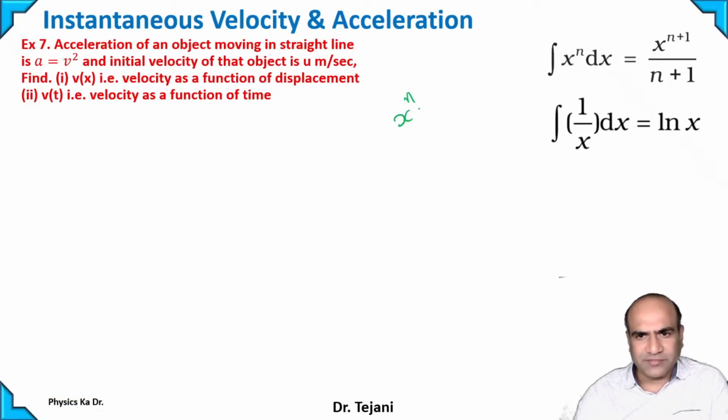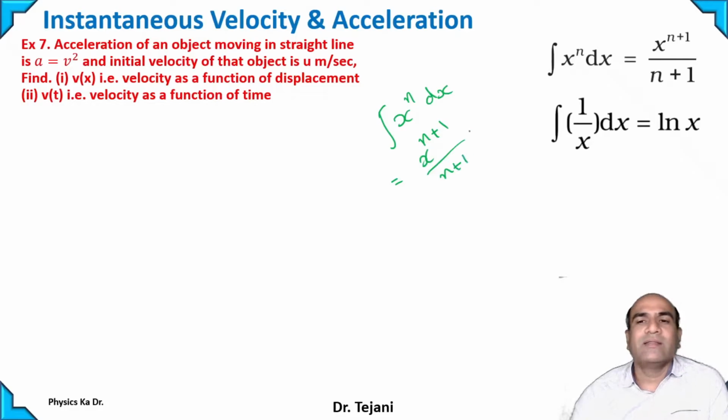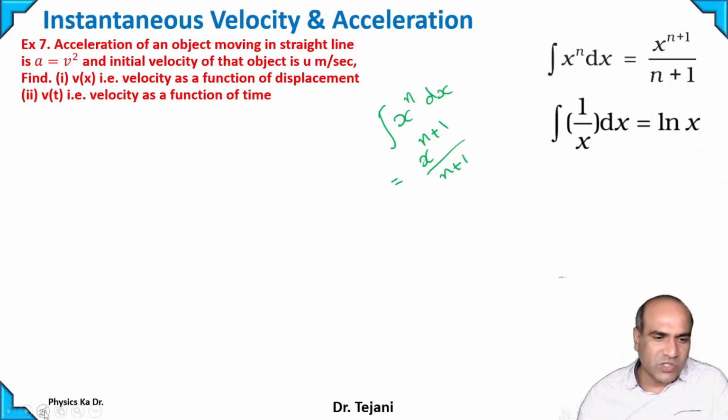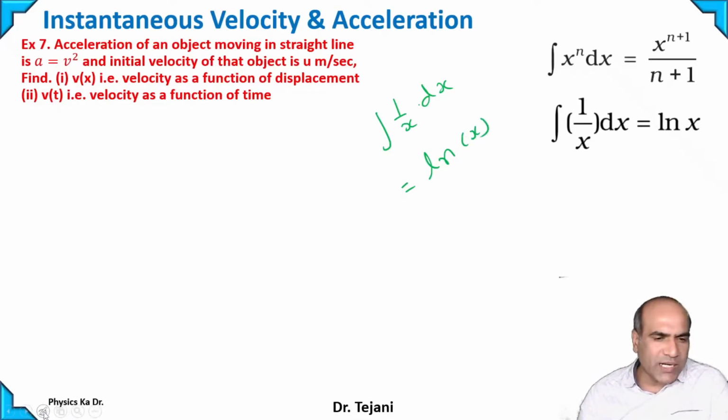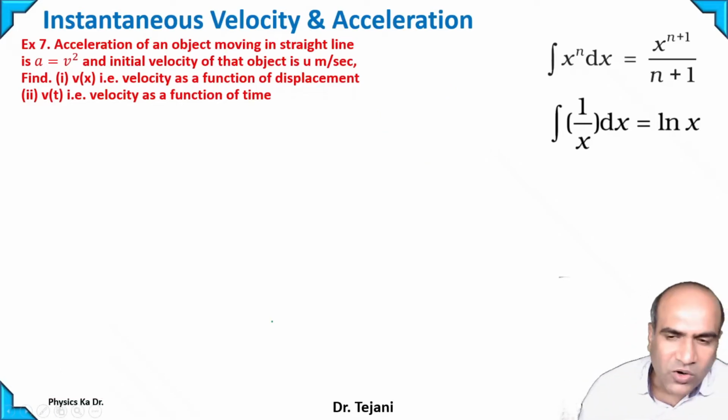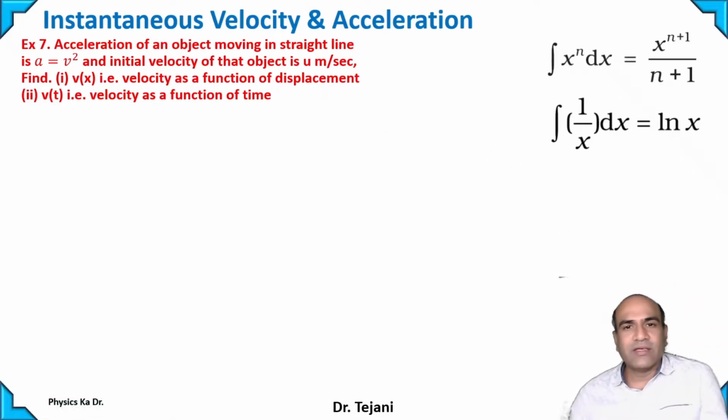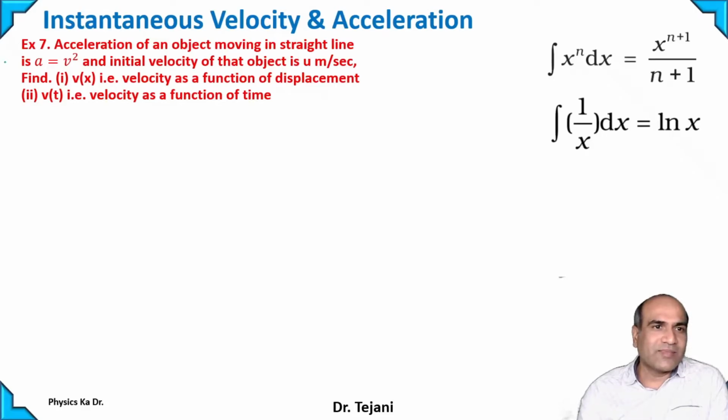We need the integration sign for this. That gives us its solution. And if the integral is 1 by x dx, it is equal to ln x. So these two are needed. You should learn all the types of integration, then only you can secure good marks.